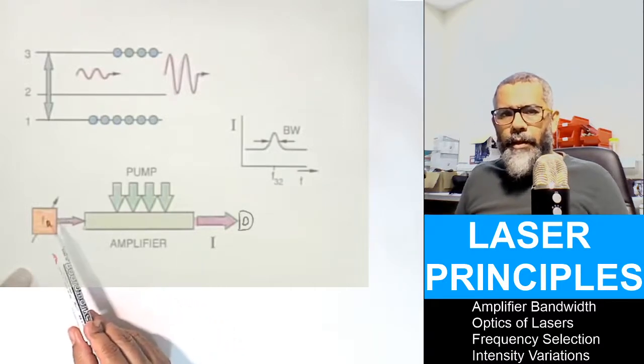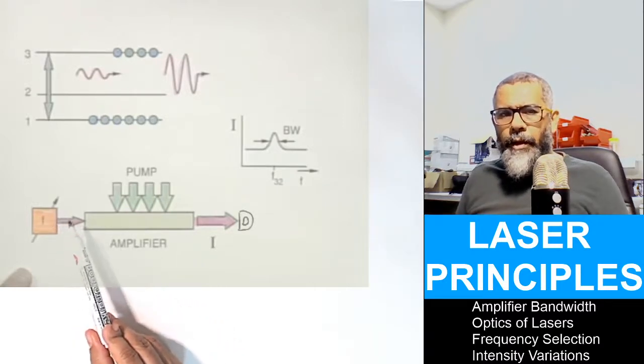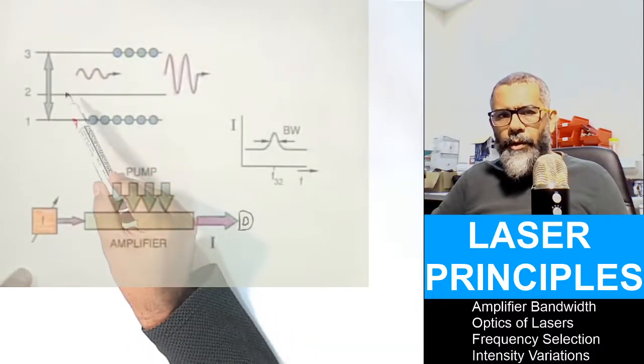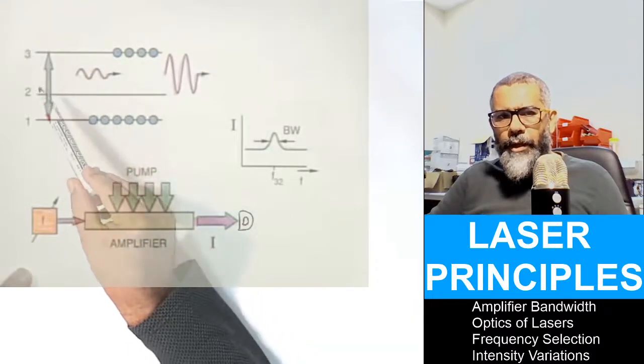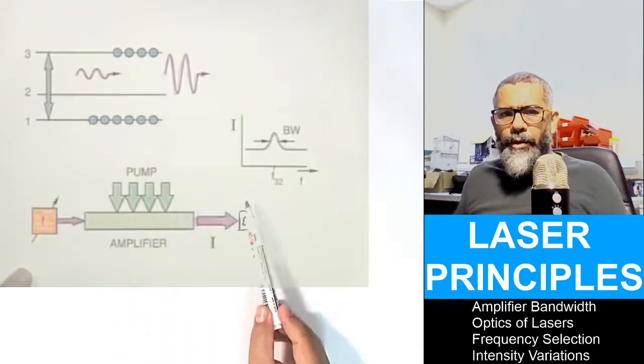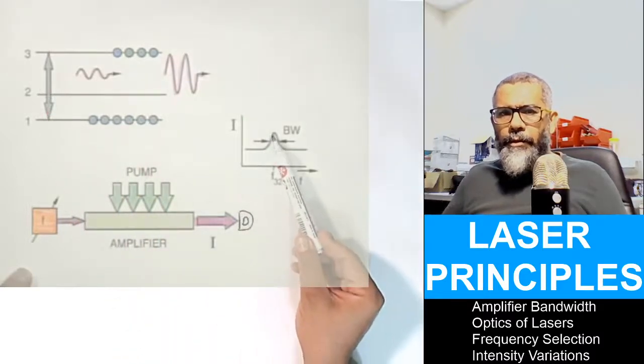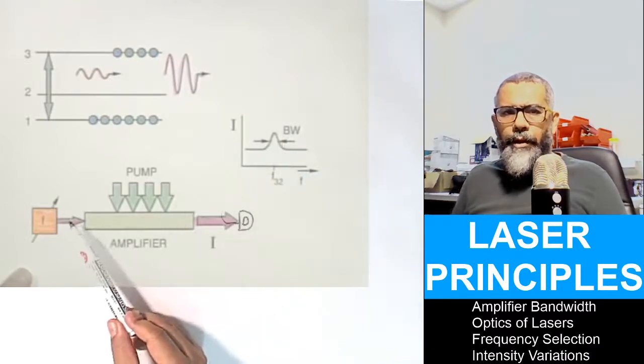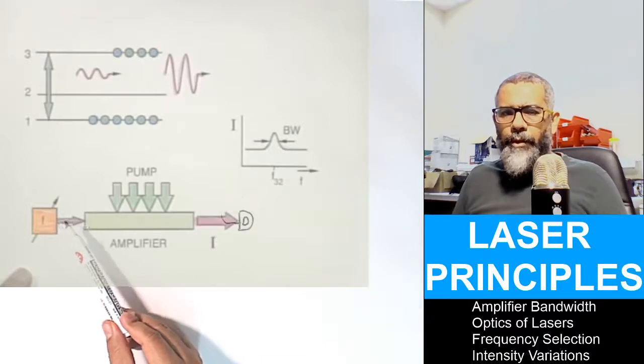You will see that if you send input light which matches the frequency of the difference between the third and second energy levels, your detector will count a larger intensity at the output compared to the intensity of the incoming photons.